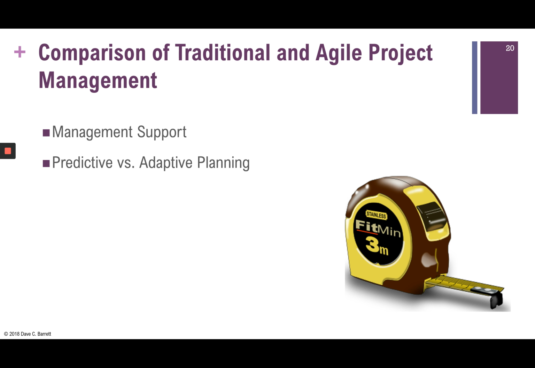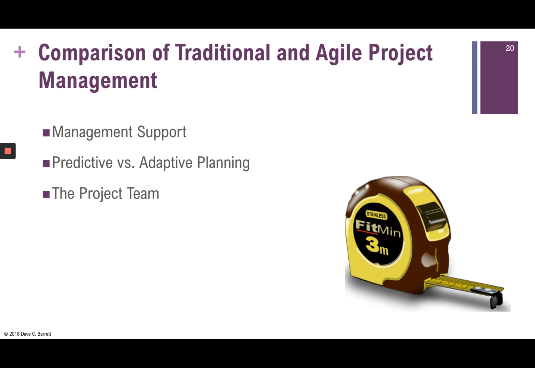That's one of the advantages of it, in that it is able to adapt to what we've seen before. In the earlier sprints, changes and adjustments can be made, and that's one of the reasons why it's very useful for software. But it's very different. Again, looking at management support, because Agile is adaptive, it's more difficult to absolutely predict, or even attempt to predict, when certain features will be available.